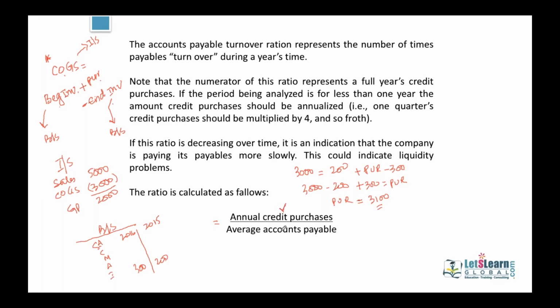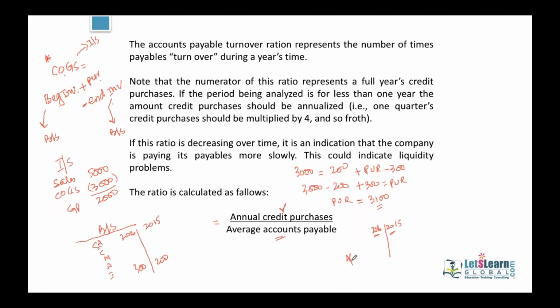So you have credit purchases here. If these are all credit purchases, you should take the full amount. And accounts payable, where do you get it? You should get this amount in a balance sheet under current liabilities, 2016 and 2015.